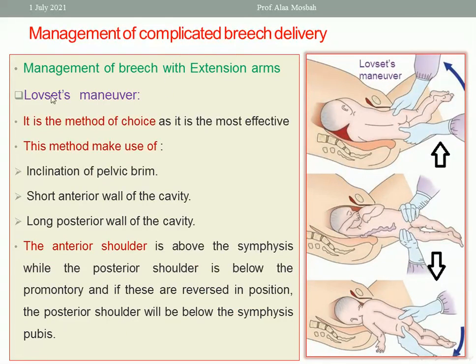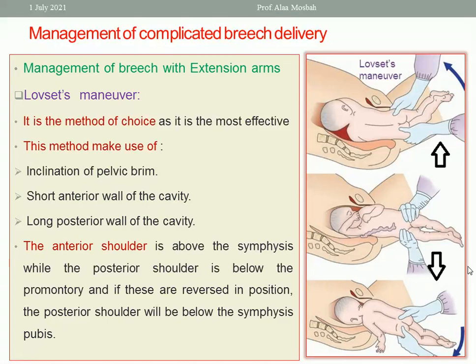Another method, very interesting and of common use, is the Lovset maneuver. This is a method of choice, really. In this method, as in the picture here, we rotate the trunk 180 degrees.